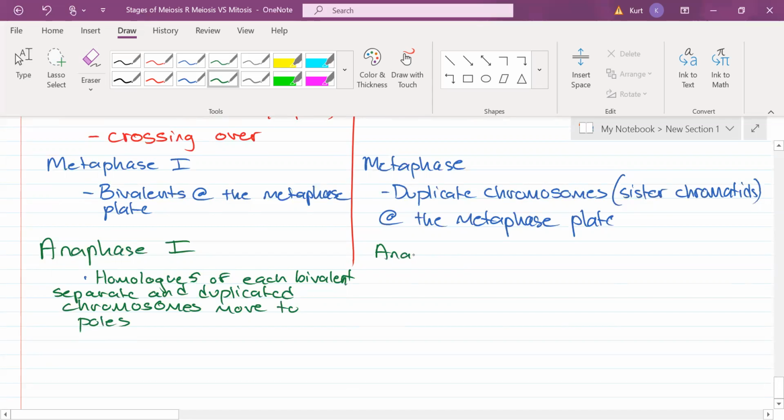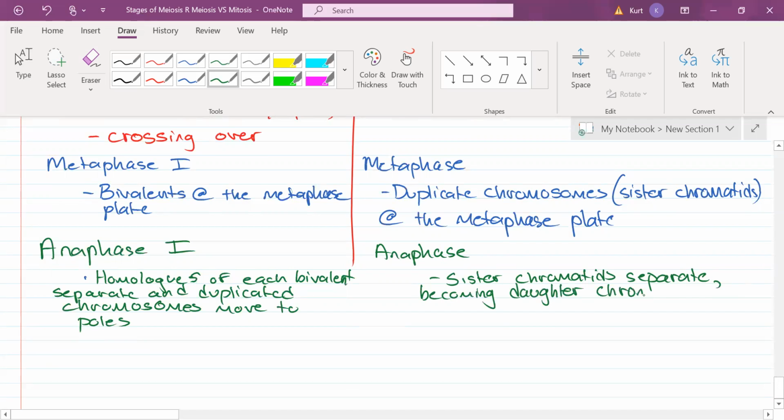In anaphase, sister chromatids separate, becoming daughter chromosomes that move to the poles.